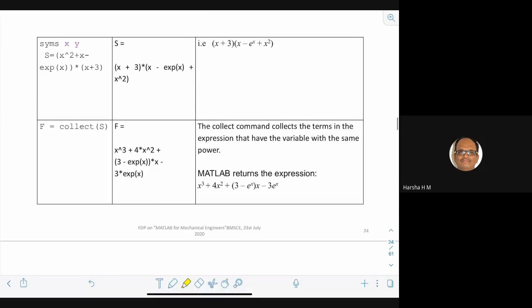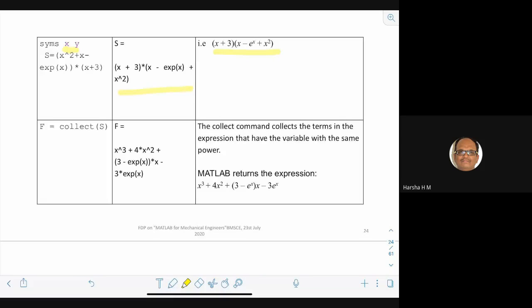Next, if you have an expression, now already since you have defined x as a symbolic variable, if you say s is equal to x square plus x minus exponential x plus 3x plus 3, this is the expression that you are entering, and you get this expression.